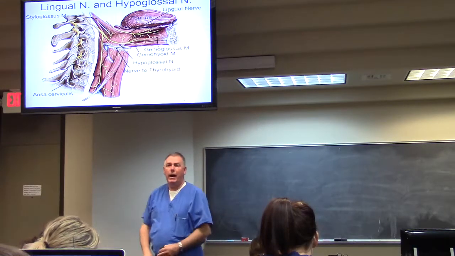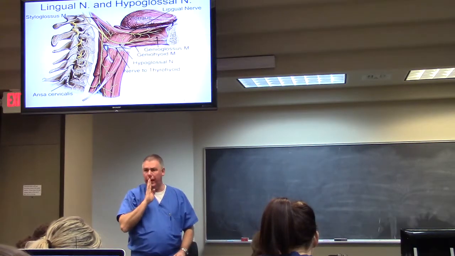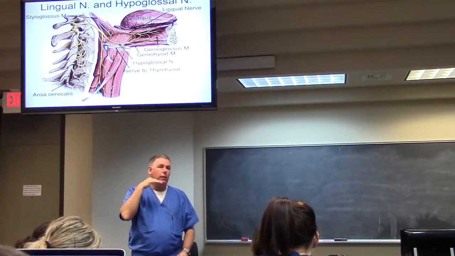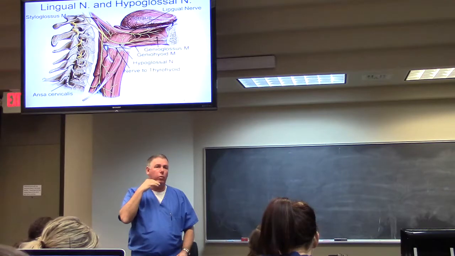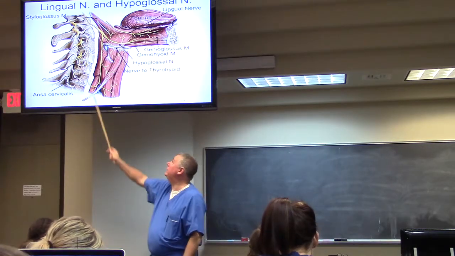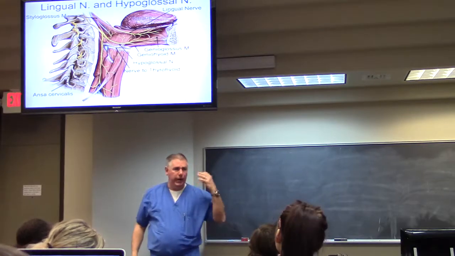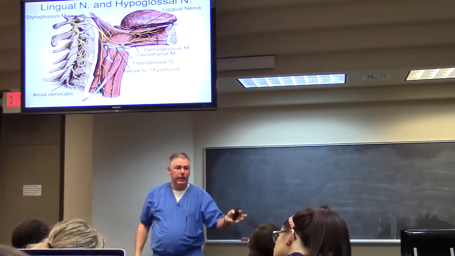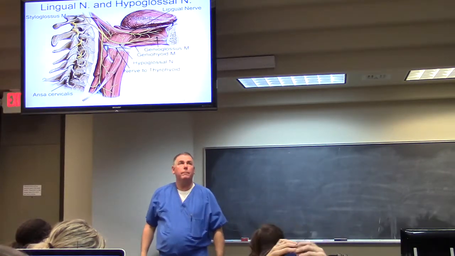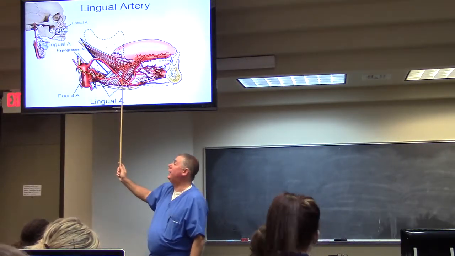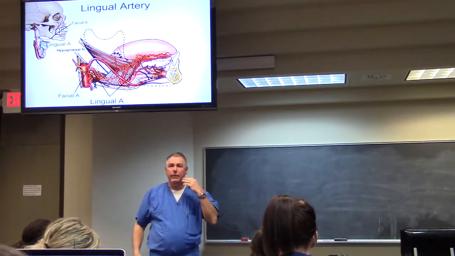I think today in lab, I'm going to bisect one of the heads and shell out the floor of the oral cavity so you can see these nerves internally. Does that help when I do these extra dissections and you can see it like that? Okay. You'll also find the lingual artery, which supplies everything on the floor of the mouth.